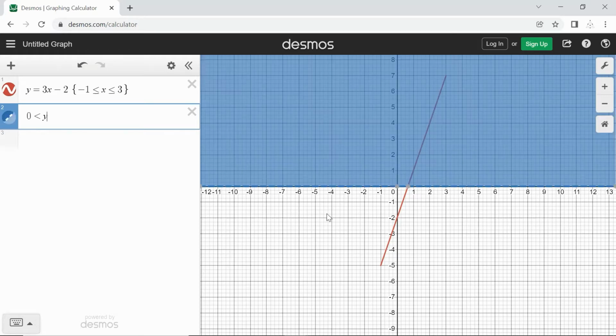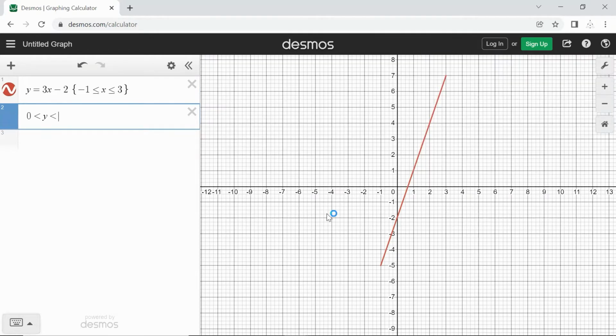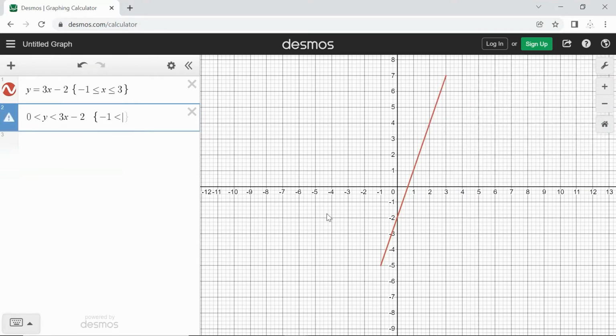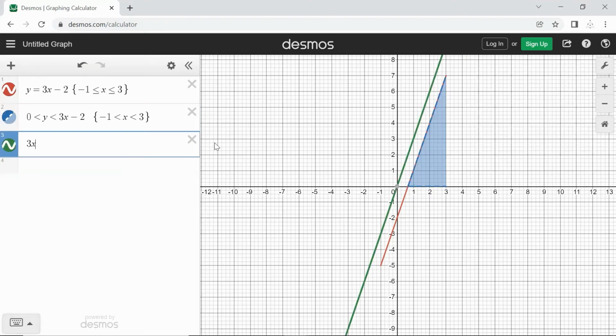0 less than y less than 3x minus 2, x from -1 to 3. There we go. So we see this triangle, and then we can do the other triangle.